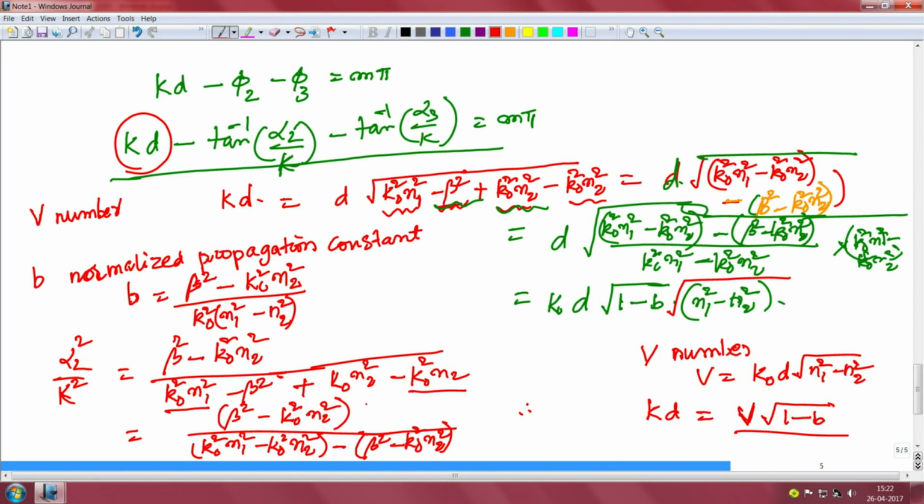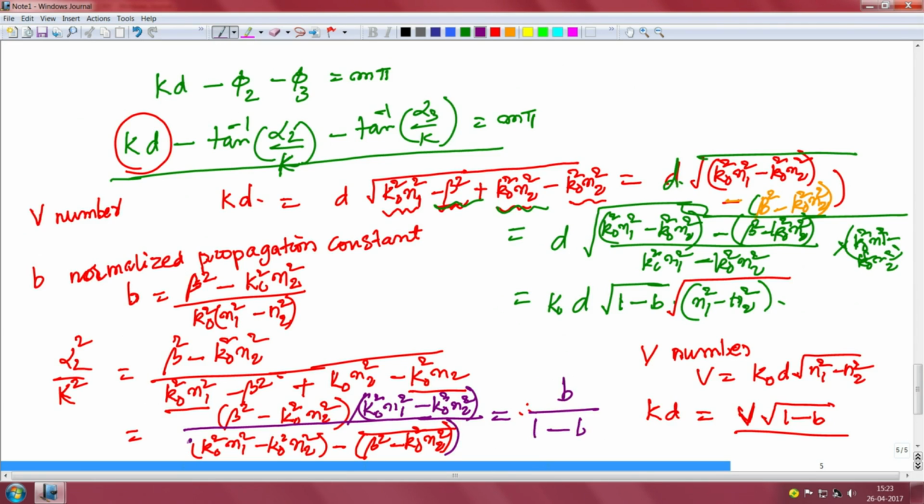So, by dividing the numerator and denominator by k0 square n1 square minus k0 square n2 square, we can write this entire expression alpha 2 square by k square as b divided by 1 minus b.